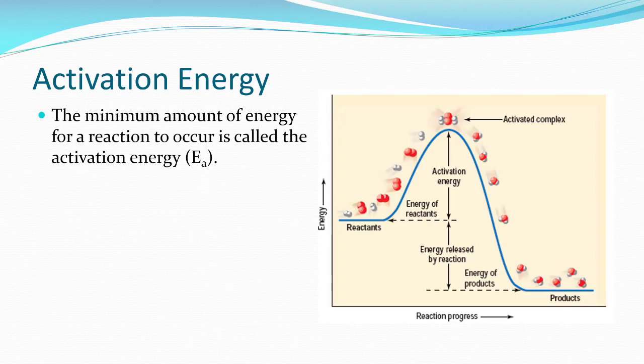Let's say you're only able to get up to here with the energy. Because that's all you have, you're going to end up not forming any type of product. You're going to end up forming as a reactant. But if you have enough energy and you get all the way to the peak, there's the potential that you will actually form a product.